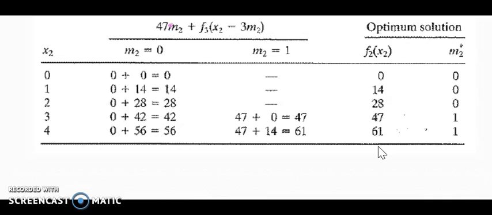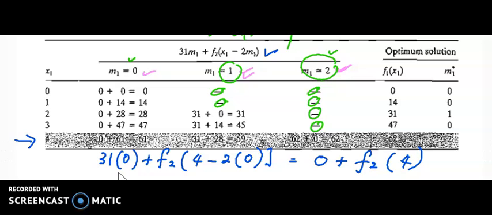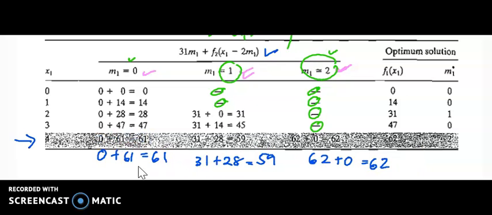If we refer back to our previous stage, f2 of 4 equals 61. So here it will be 0 plus 61 equals 61. I just copied the value here because this is not clear.